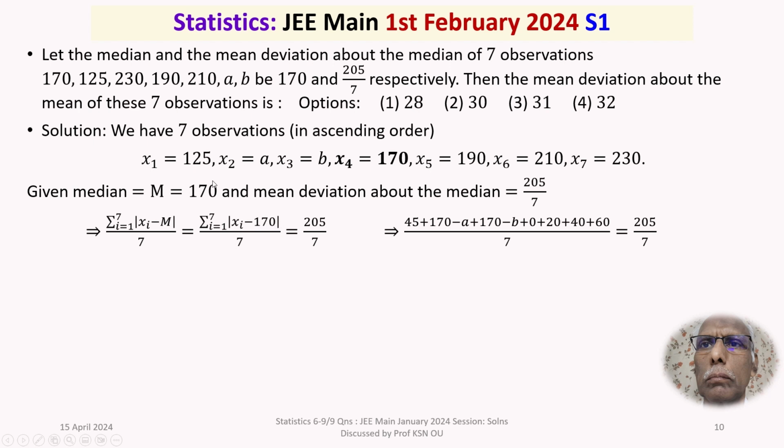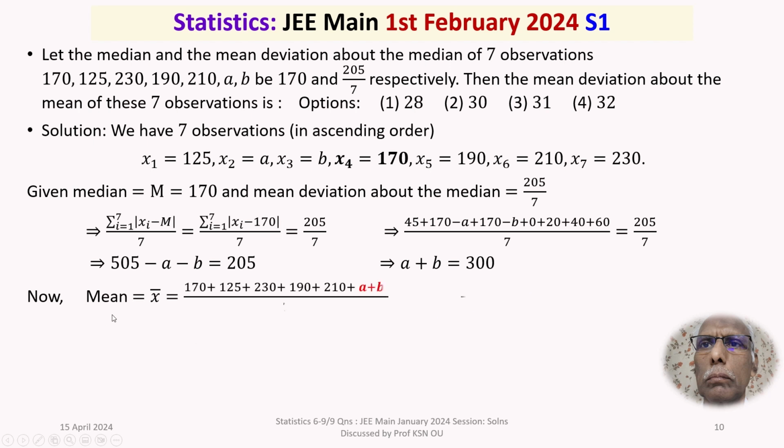It will be 170 minus 125, 45, 170 minus A, because 170 happens to be after A and B. Therefore, 170 minus A, 170 minus B, 170 minus 170, 0, 190 minus 170, 20, 210 minus 170, 40, 230 minus 170, 60, modulus by 7 is equal to 205 by 7, 7 cancels, and you will get the addition of all these is 505 minus A minus B equal to 205, and that will give rise to A plus B is equal to 300.